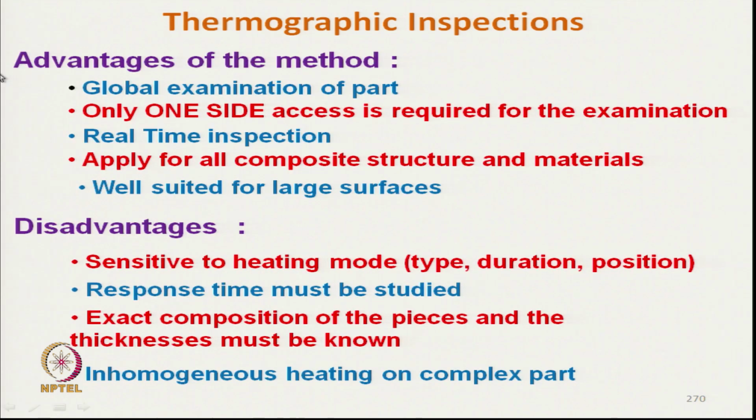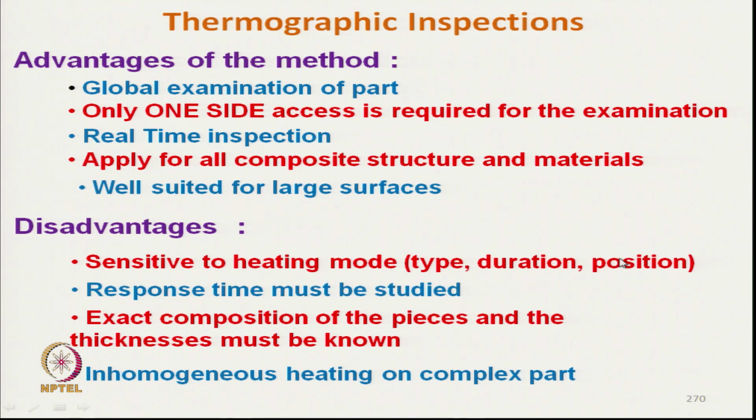The advantage is that global examination is possible for different parts, and only one side is required for examination. Real time inspection applies to all composite structures. The main disadvantage is that it is sensitive to heating mode.